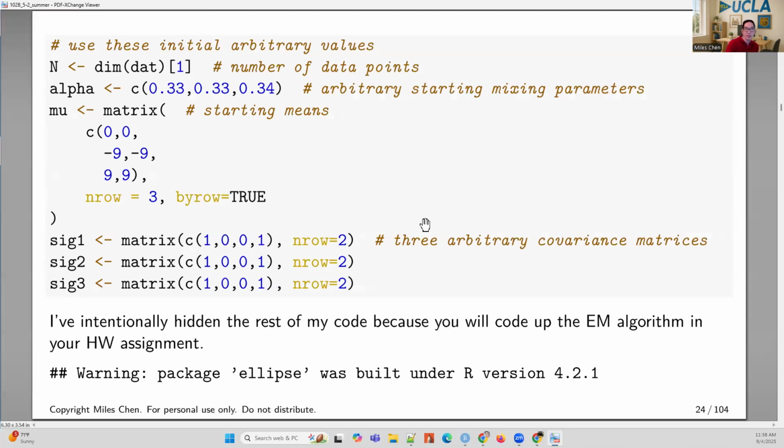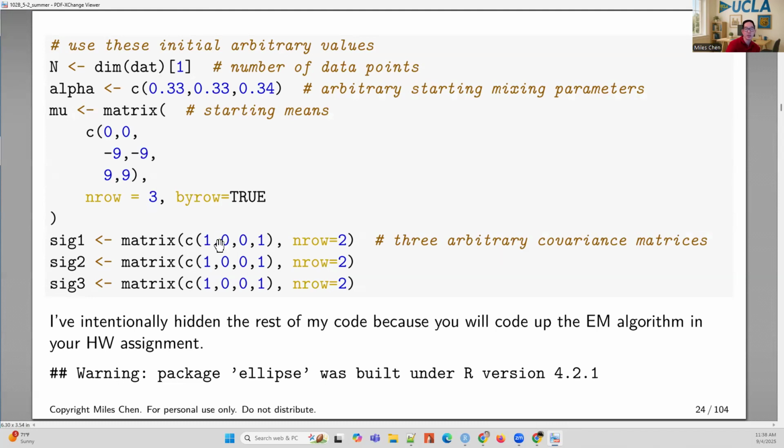Here I'm going to come up with arbitrary values for what the mixing parameters are. I'm going to start off with an arbitrary guess of 0.3, 0.33, and 0.34. The true values are 0.5, 0.3, and 0.2. And then I'm going to start off with 3 arbitrary locations for where our means are. I've got 0, 0; -9, -9; and 9, 9.